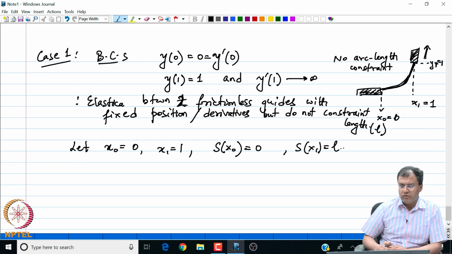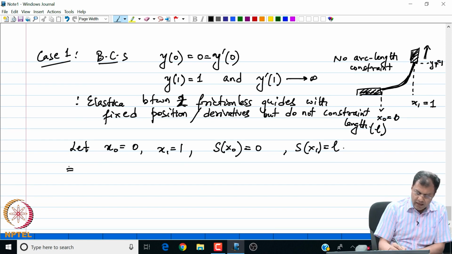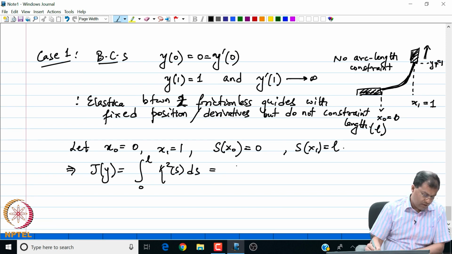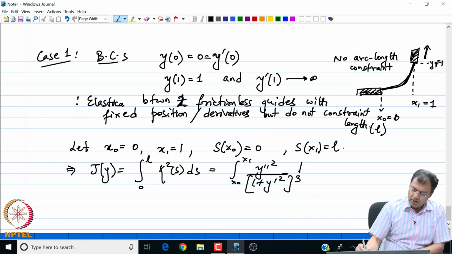So, we are writing the functional in terms of its arc length. My J of y, the elastica functional, will be the integral from 0 to L of kappa squared of s ds. This is also equal to the integral from x 0 to x 1 of y double prime squared divided by (1 plus y prime squared) whole cube, ds.